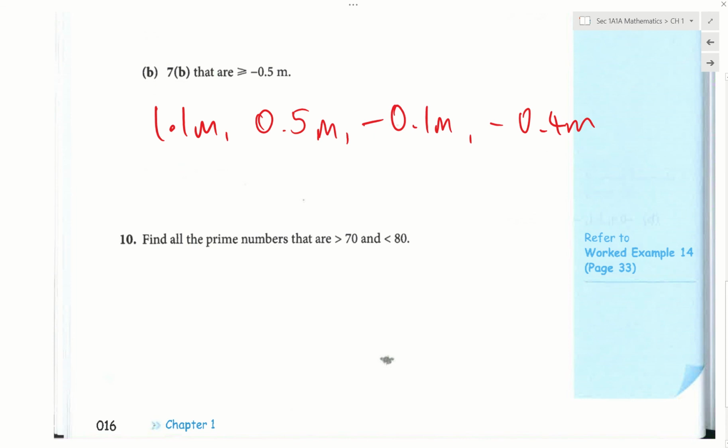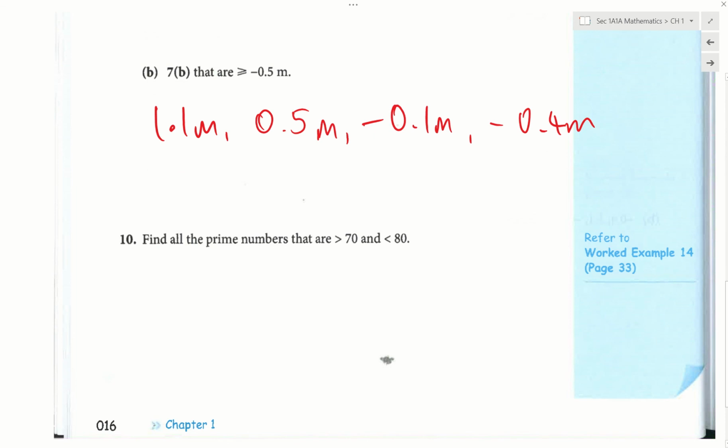Think about the number after 2. It's 3, right? How many factors does 3 have? What are they? Are you sure 2 is a factor of 3? 1 and 3, right? So 3 is a prime number. What about 4? 4 is not, right? You can divide by 2. What about 5? Yes. 6?